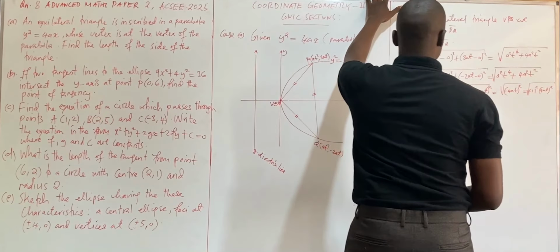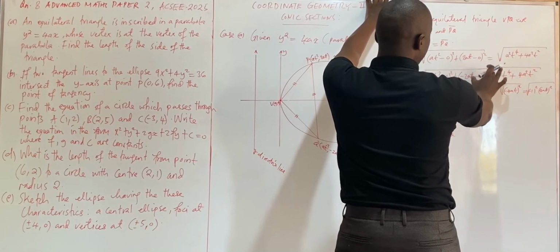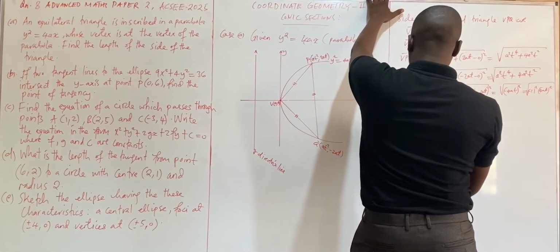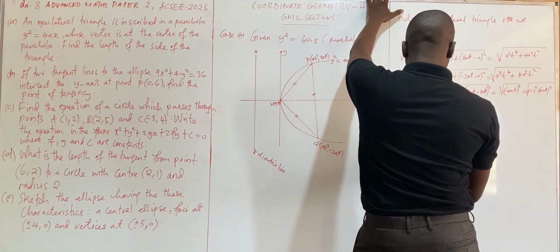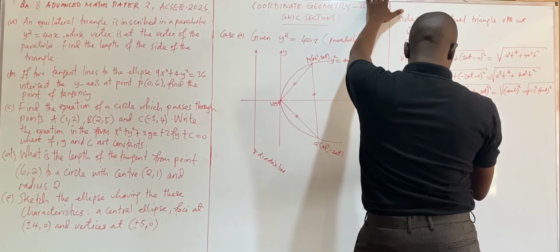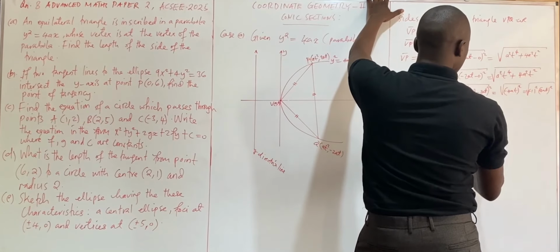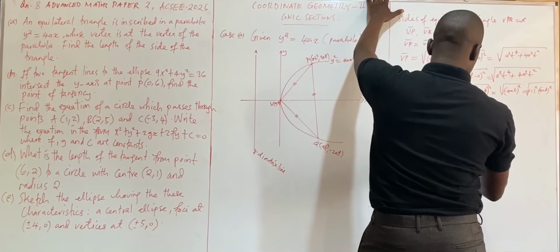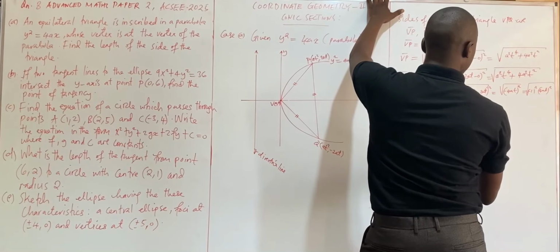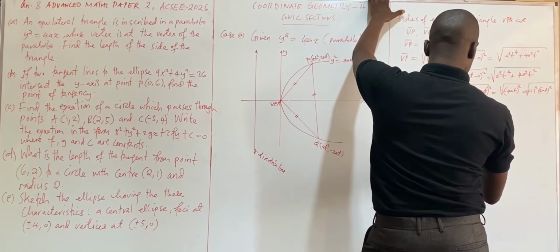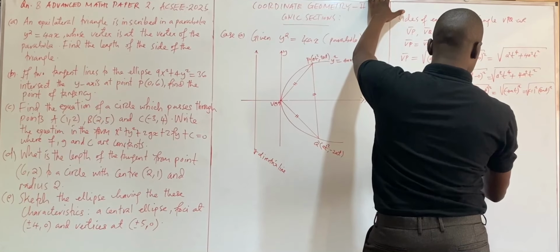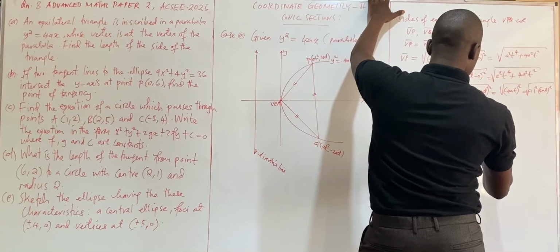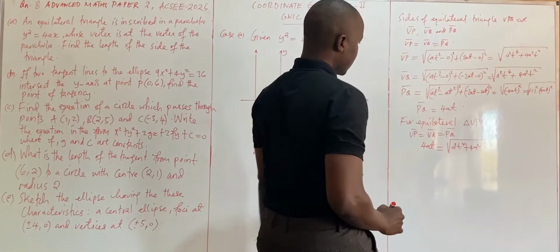So these lengths will be the same. Now, since VP and VQ look the same, now we compare with this PQ. So we say PQ, it is 4at, now equals to what? Equals to the square root of a square t raised to 4, then we plus 4a square t square. So equal to that point.